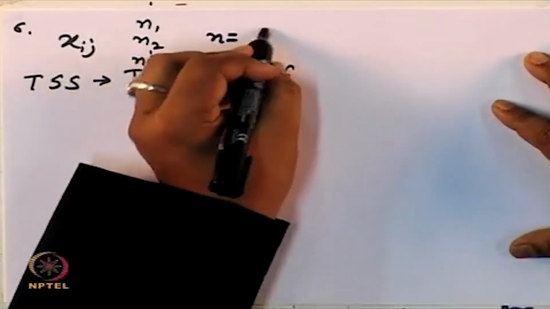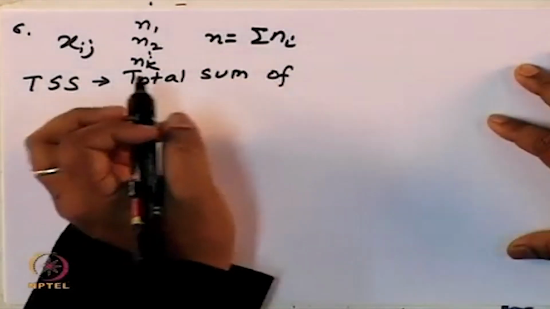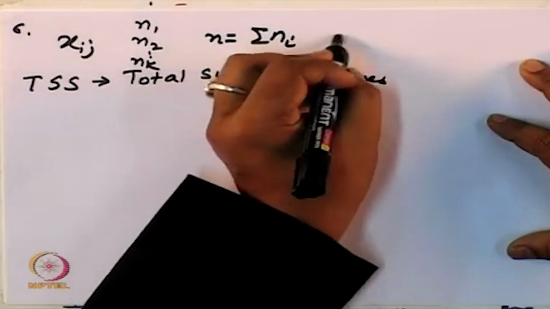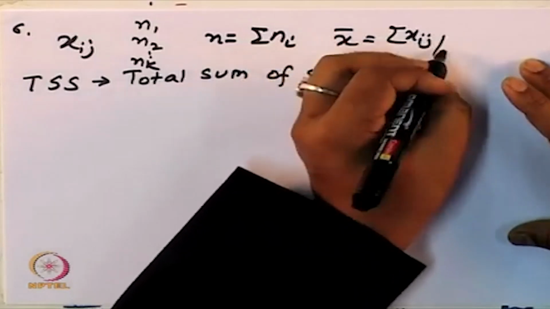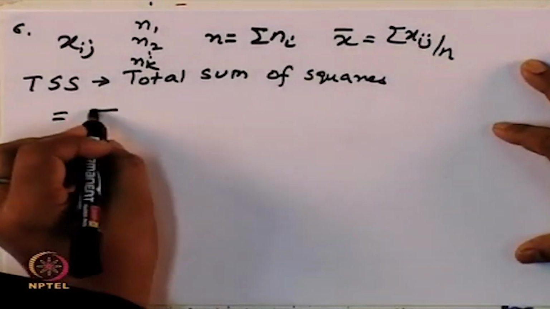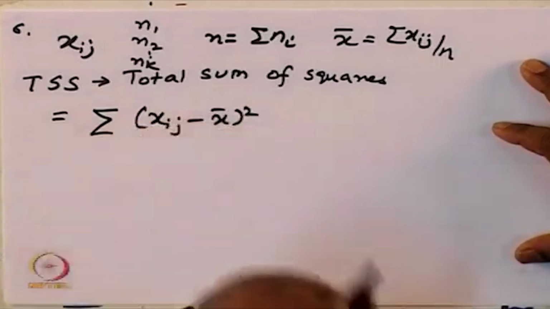You define n as the summation of all ni. Let us say x bar is the summation of x_ij by n. TSS is defined as the summation of (x_ij minus x bar) whole square.